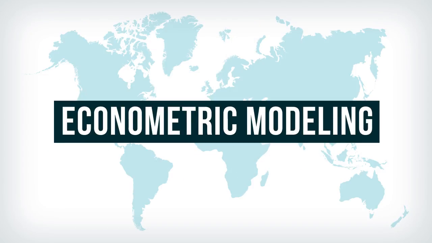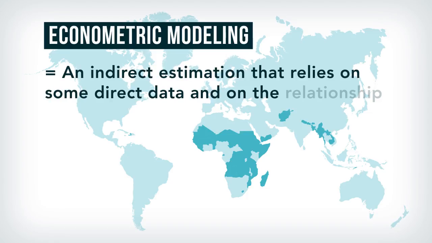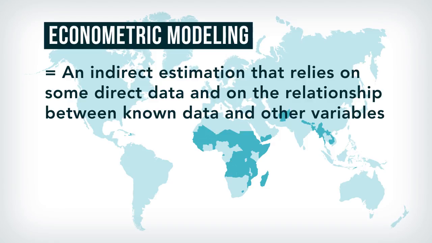In the absence of good cause-specific mortality data in most low-income countries, there has been a push to monitor progress through econometric modeling. What is econometric modeling? It's an indirect way of estimating an event, let's say the percentage of deaths that occur from malaria in a population over time, but the method relies not on direct measurement of malaria deaths, but on indirect relationships with known other variables.